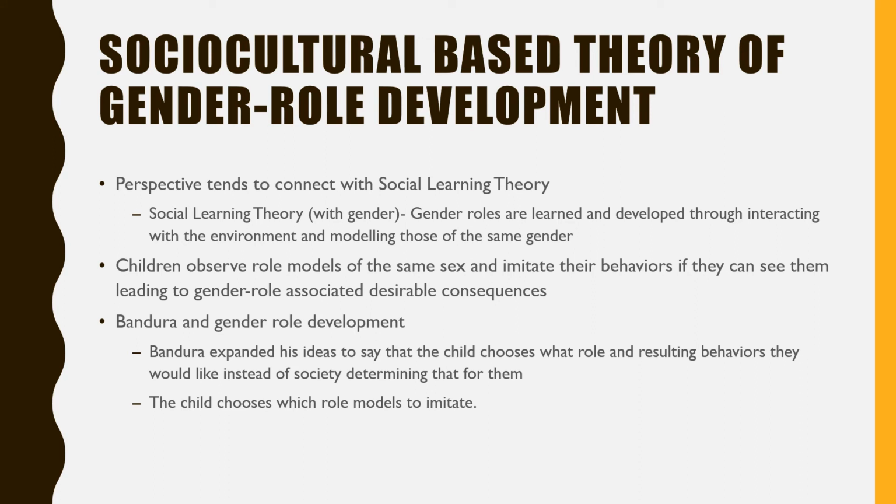There's also a sociocultural based theory of gender role development, and this tends to connect with social learning theory. If we are talking about gender and social learning theory, gender roles are learned and developed through interacting with the environment and then modeling those behaviors of the same gender. Children observe role models of the same sex and imitate their behaviors if they can see them, leading to gender roles associated with desirable consequences.